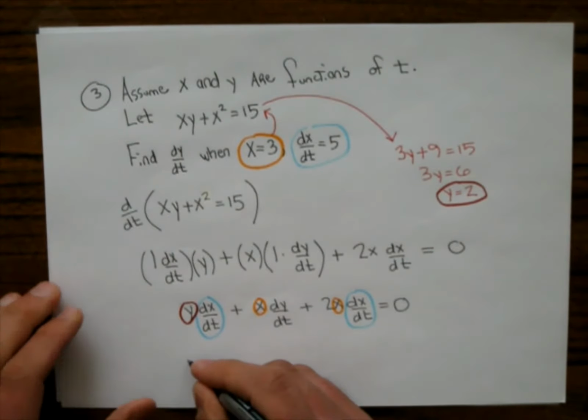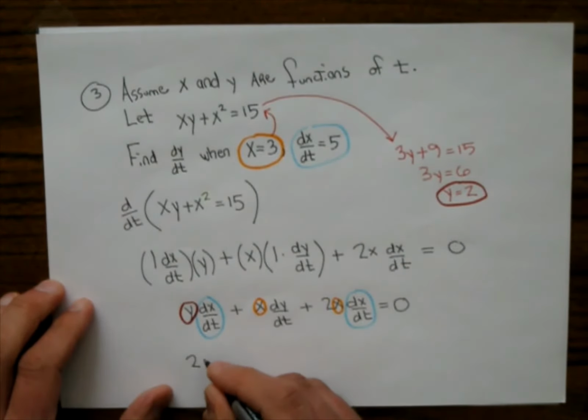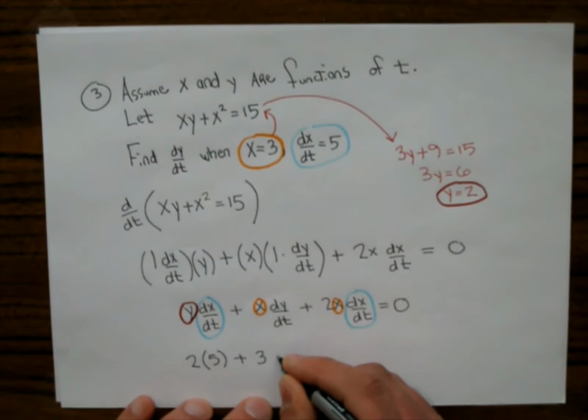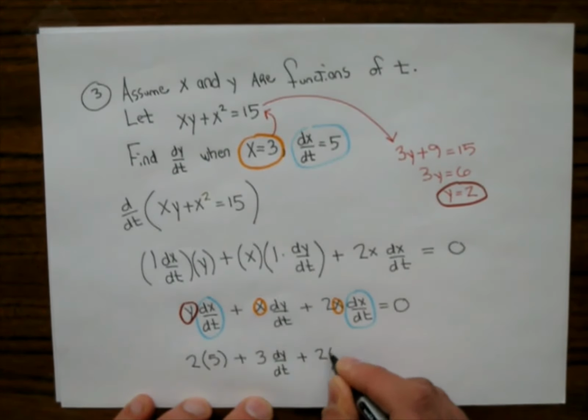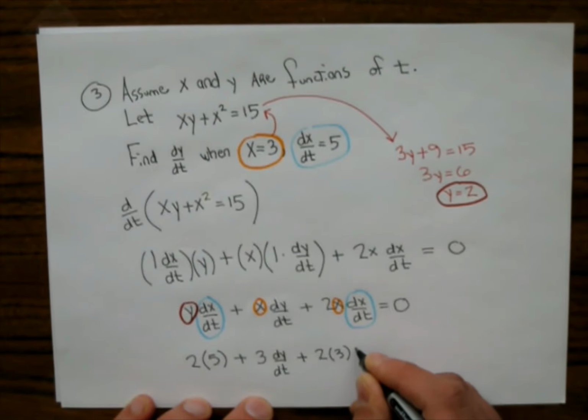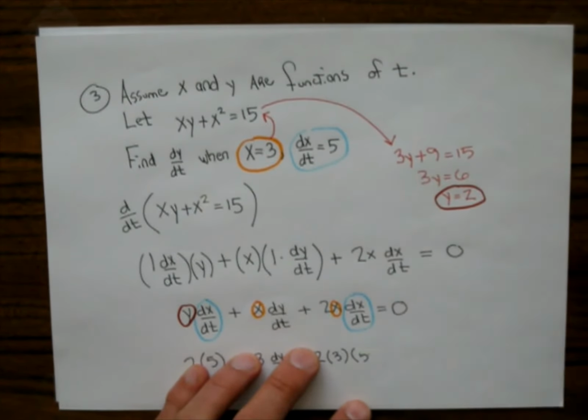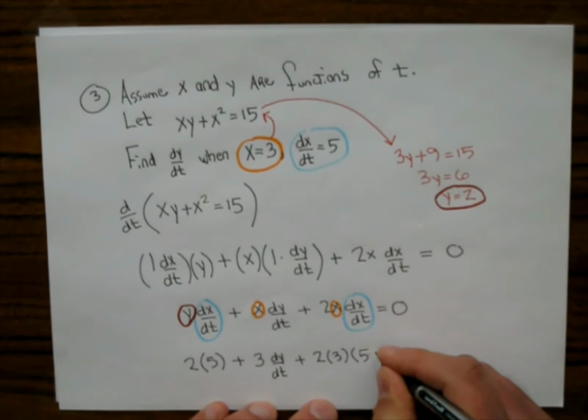So this is 2 times 5 plus 3 times dy dt plus 2 times 3 times 5. Whoops, what happened to my 5? Using that white out a lot today. This equals 0.